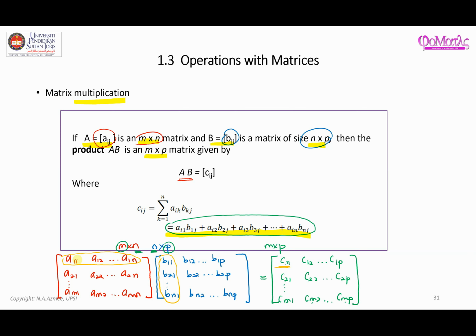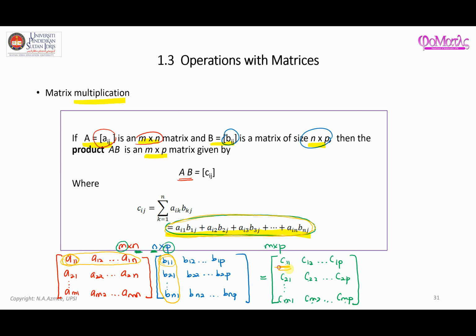It will be A11 multiplied with B11, plus A12 multiplied with B21, and it goes on until the last element is multiplied with its partner. You get one result, and this is the process explained by this mathematical expression.